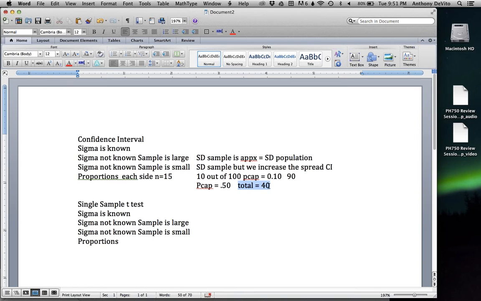Sample size over here total is only 40 people. Can I calculate a confidence interval for this proportion of this condition in this other population? Do I have 15 people in each side of the proportion, the yeses and the nos? Yeah, I do, don't I? Because since it's 50%, I have 20 yeses and 20 nos, right?